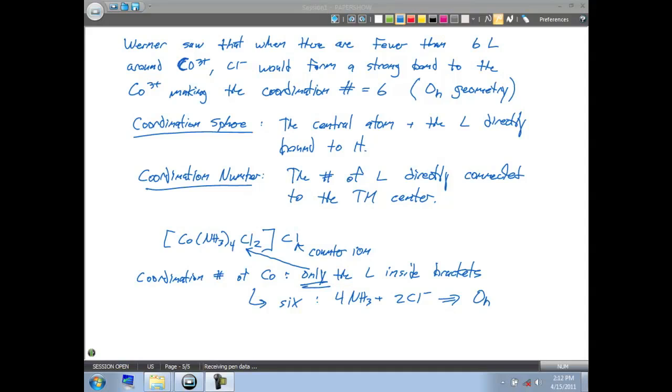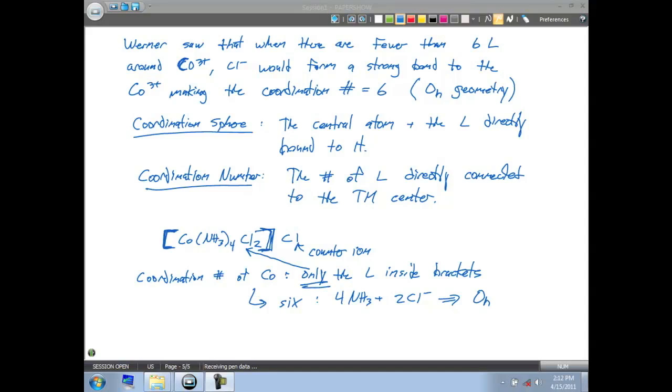So that's going to be everything here inside of these brackets. So that counter ion is not directly bound to the transition metal center, and this is going to dictate a lot of the properties of these salts when we add them together. So make sure that when you're looking at these complexes, you don't consider the counter ion to be directly bound to that transition metal. Okay?